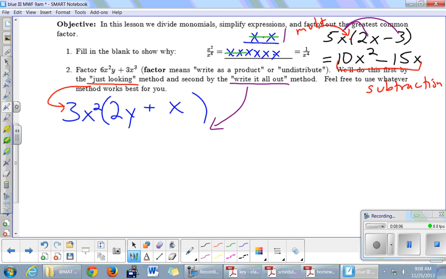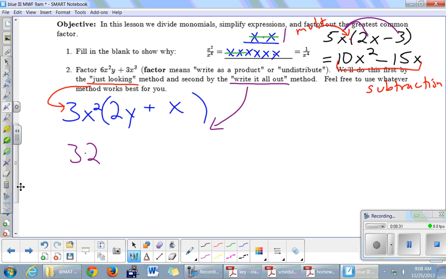So what we're going to do is take that original thing. First, I'm going to ask the same question I asked before, which is what's the biggest number that goes into 6 and 3? It's 3. You're going to take 6 and write it as 3 times something. 6 is 3 times what? 3 times 2.